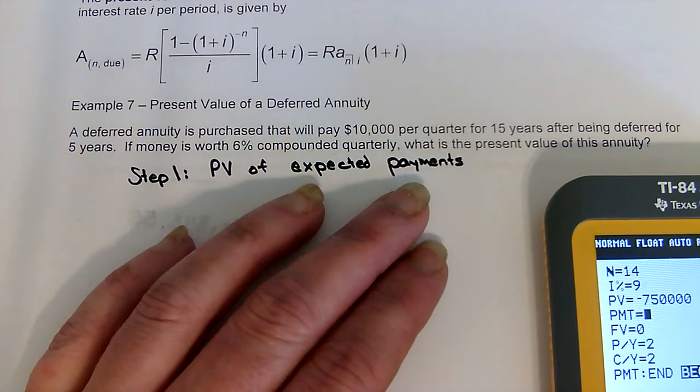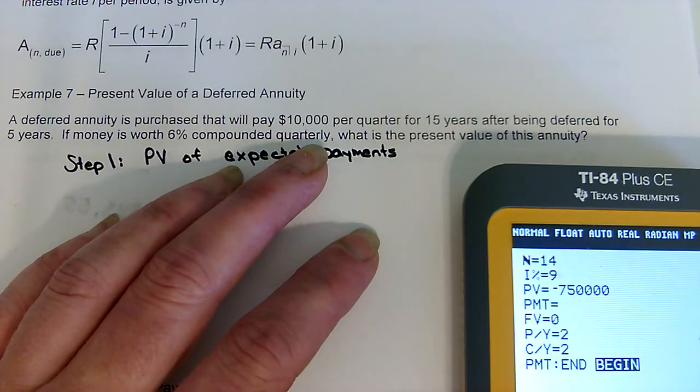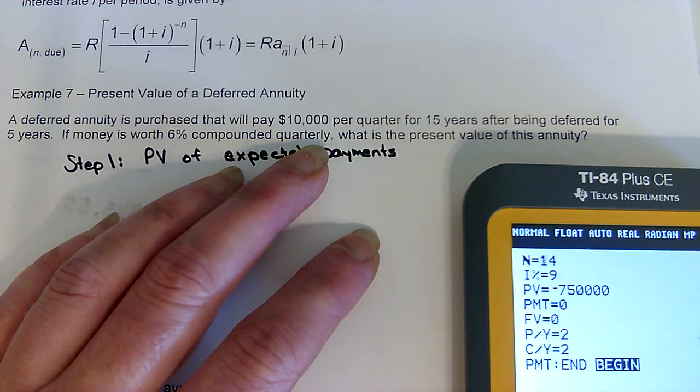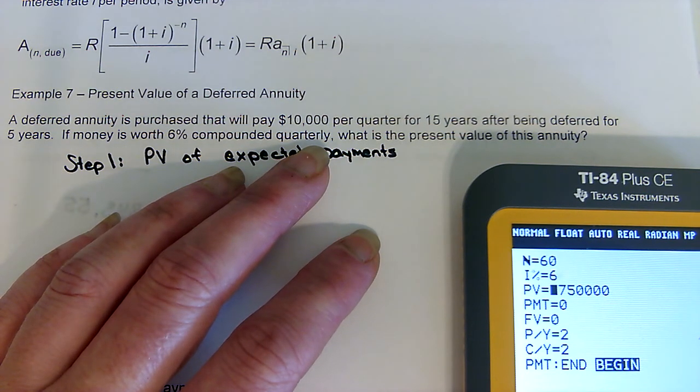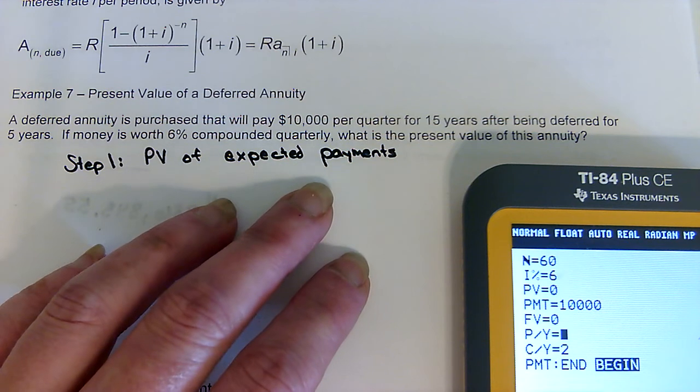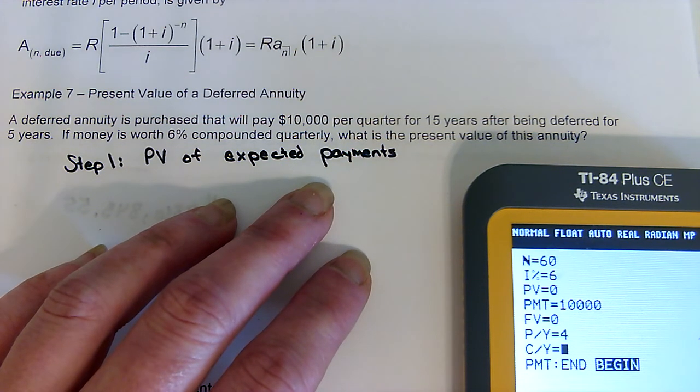Okay, and this is being done quarterly. 15 years is how much we're wanting to get paid, and they're paying quarterly at 6%. We're going to be looking for the present value, and it's quarterly.